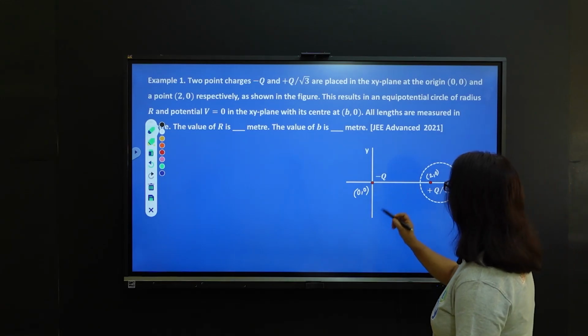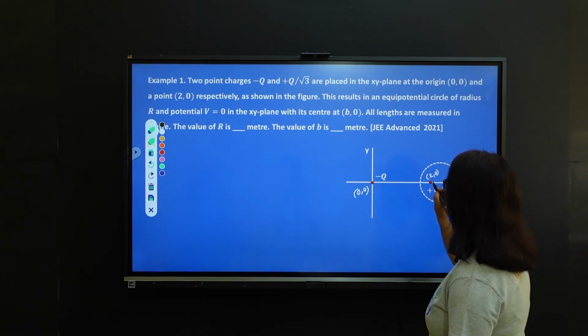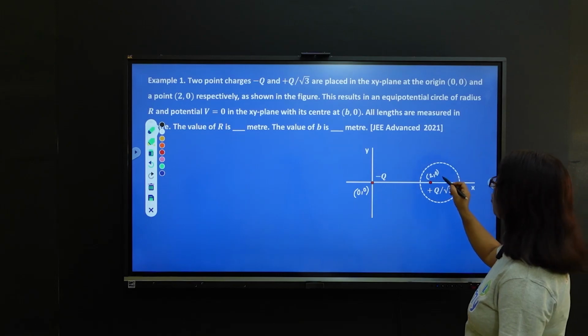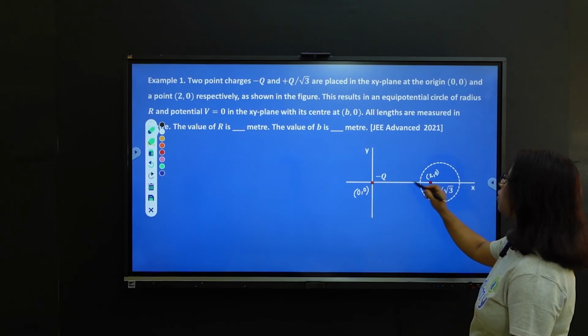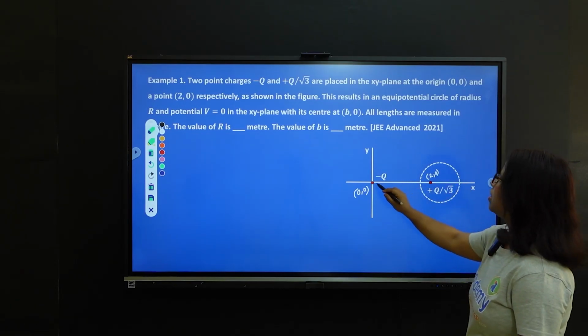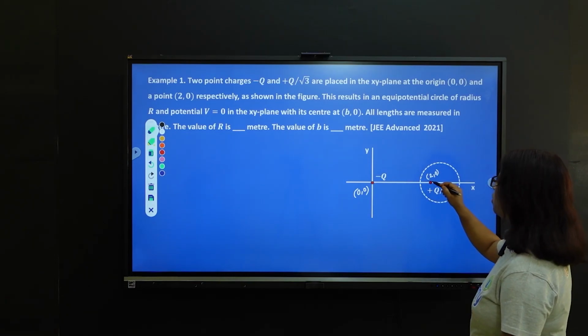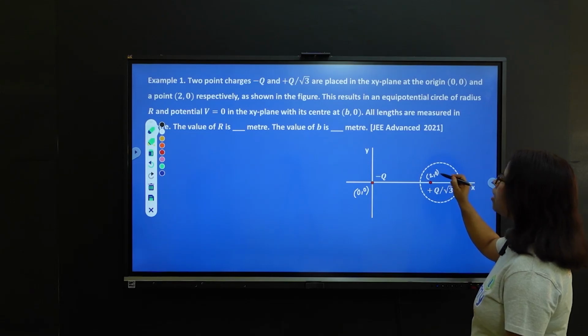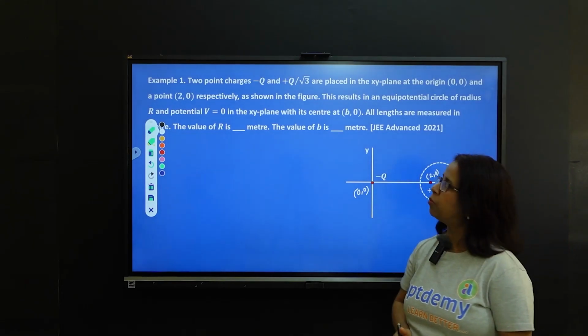This tells us that the point lies on the x-axis and its distance from the origin is 2 meters, and since the point lies on the x-axis, its y-ordinate is 0.